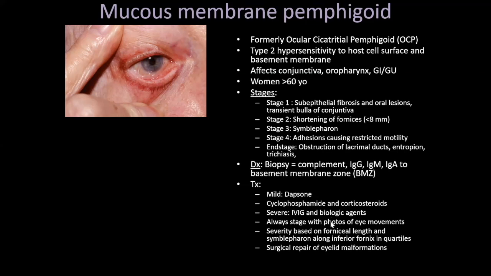Surgical intervention is mainly for symblepharon release, and it tends to be bilateral. So if you have a cicatrizing condition that is affecting both conjunctivae, what are the options for symblepharon release?